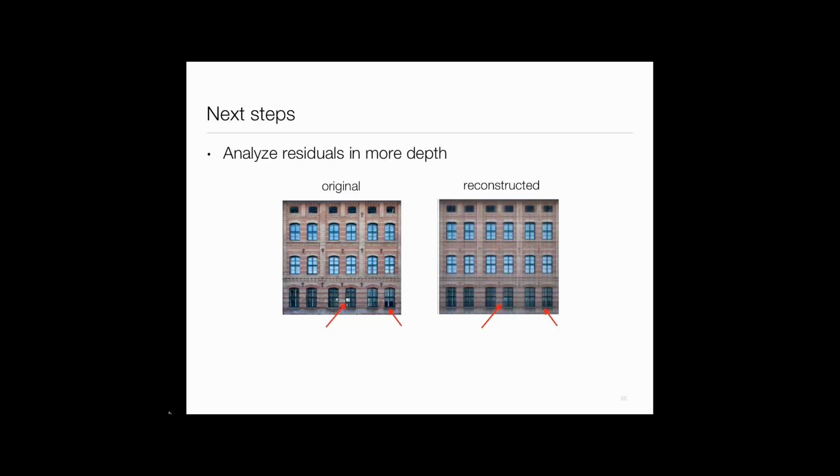If you imagine looking at the difference between the original and reconstructed image, we would see larger residuals in those areas, and that could guide our analyses to more interesting places.